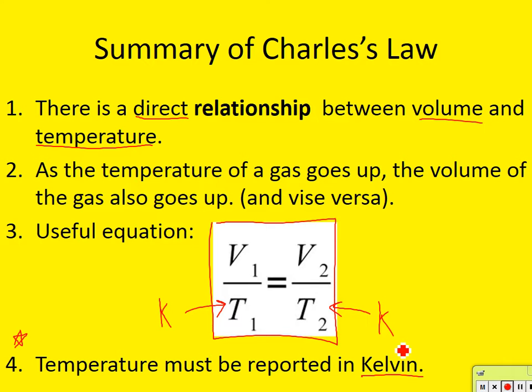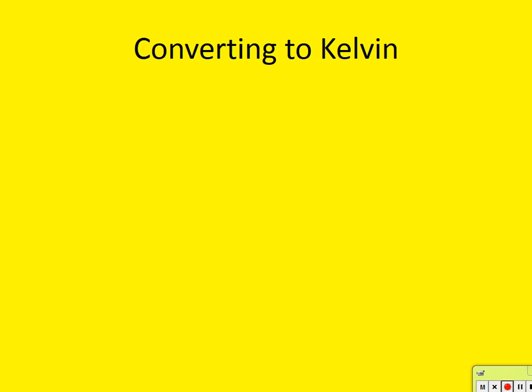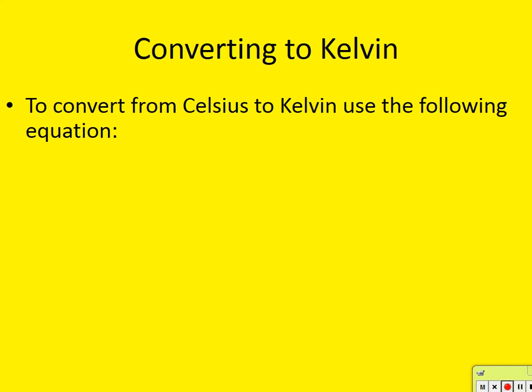Okay, so let's figure out how to go from Celsius to Kelvin. That's going to be a skill you're going to have to learn. To convert from Celsius to Kelvin, use the following equation. I would like you to write this equation down in your books. So Kelvin, that's what this capital K is, is equal to the degrees Celsius plus 273.